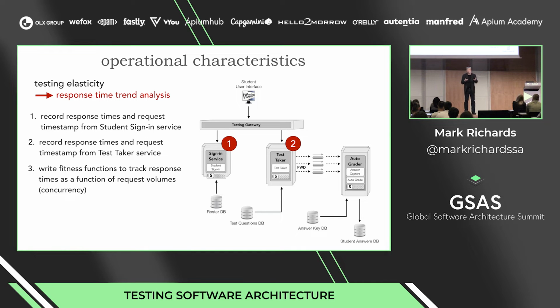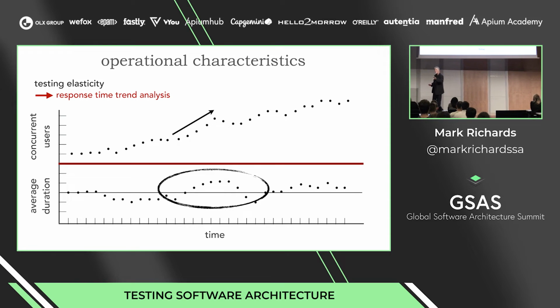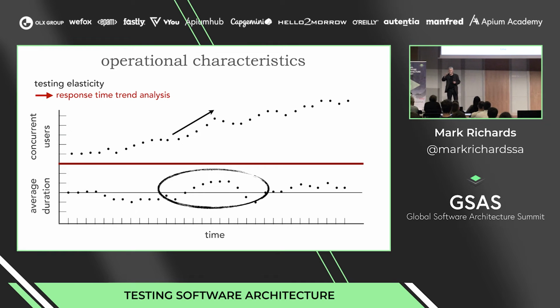And this is what that analytics service that's now reading that raw data from that fitness function looks like. As we start going through testing, notice we have peaks and valleys, which is why I like trend, by the way, over threshold, because sometimes it goes a little high, but then it calms down.